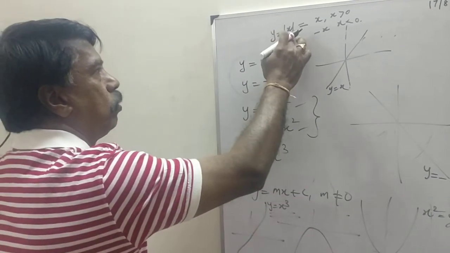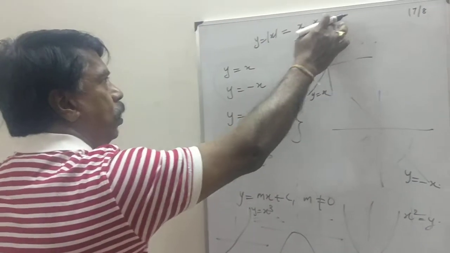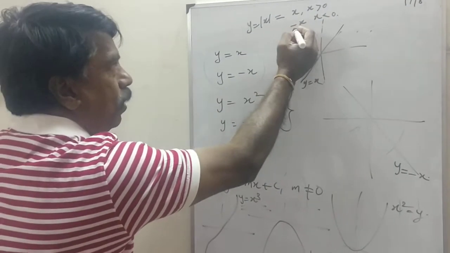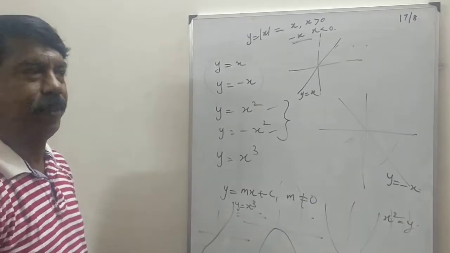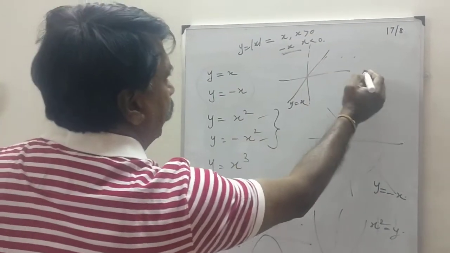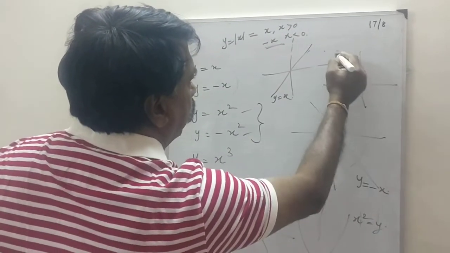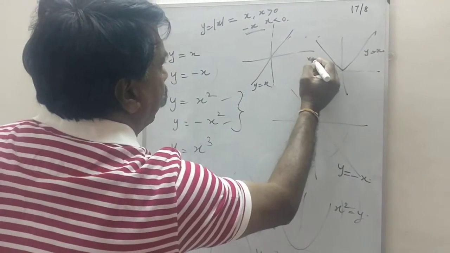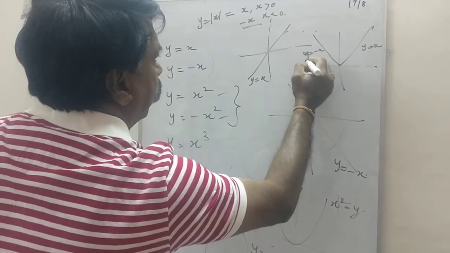For all positive numbers it is positive, and for all negative numbers it becomes positive by taking y equal to minus x. And for this modulus x, the diagram is this one. This is y equal to x and this is y equal to minus x.